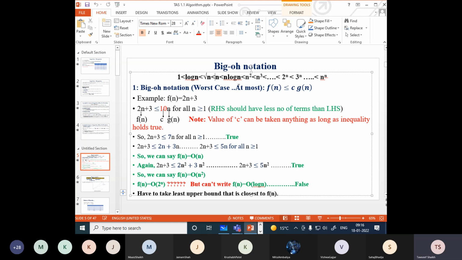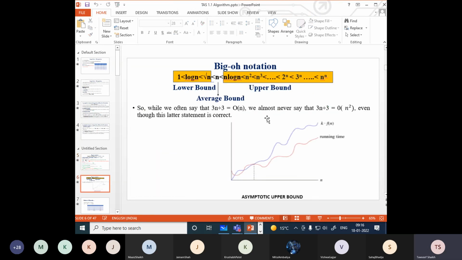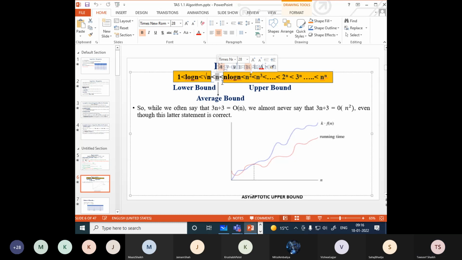You can check each of these functions and you will find that the condition is satisfied in all of them. So all these functions whose growth rate is more than this function are the upper bound of this function.